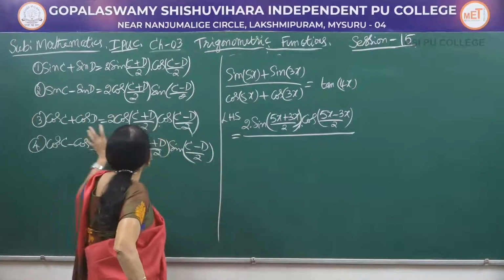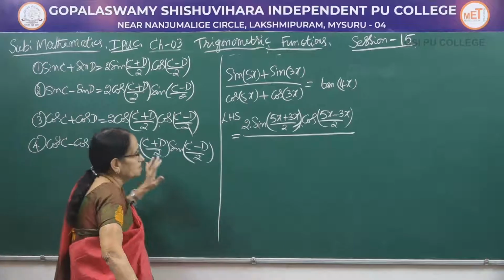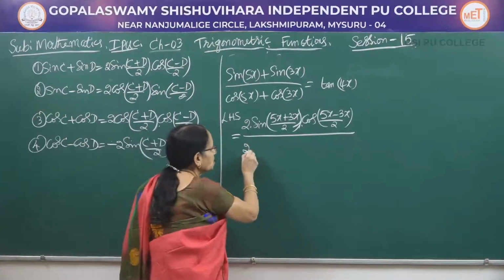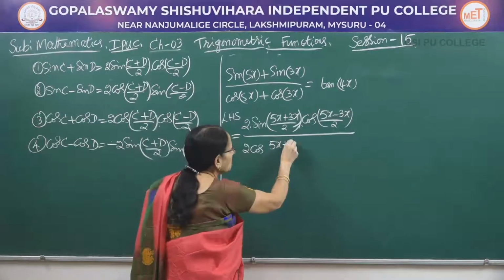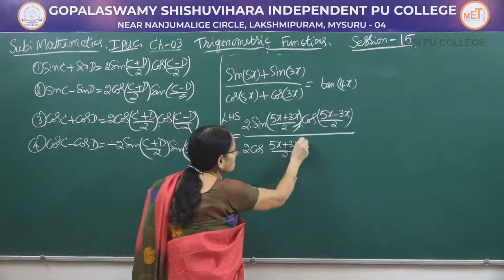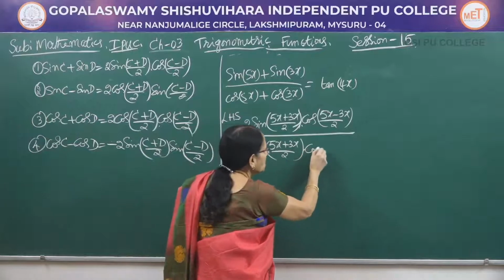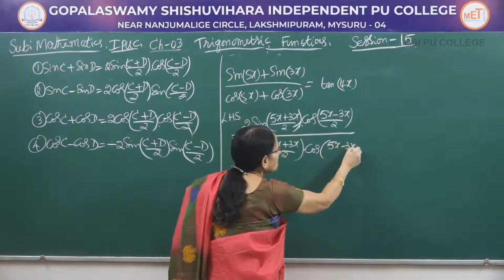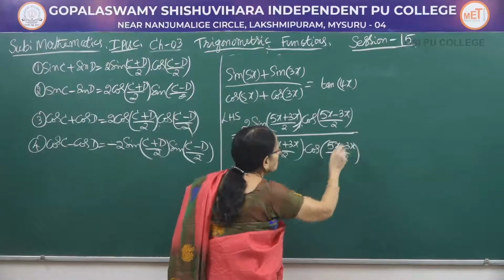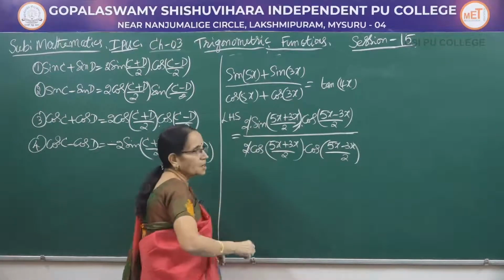It is of the form cos C plus cos D. That is the third formula where it is purely a cosine product. The same angles, 5x plus 3x by 2 into, again cos of 5x minus 3x divided by 2. First you can cancel the number 2.